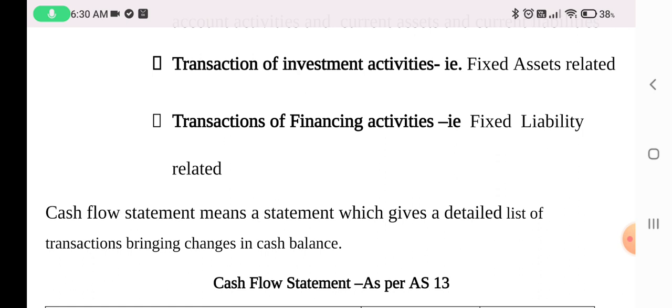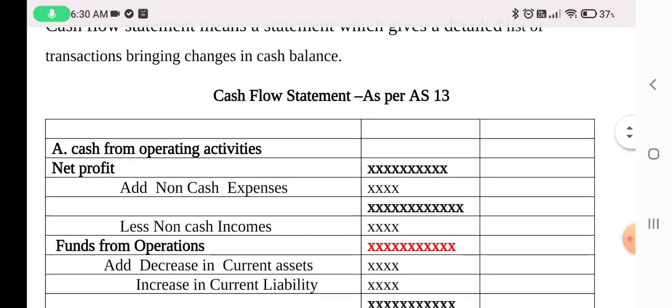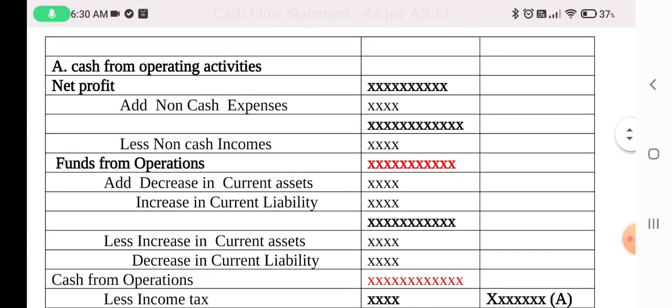So, after identifying the transactions responsible for changes, you have to present them in a fixed format. Accounting Standard 3 has prescribed the format. So, you see that we start with cash from operating activities.